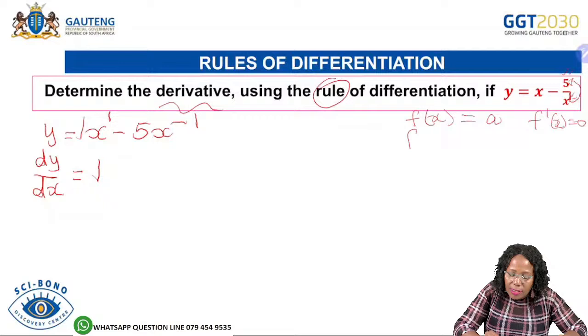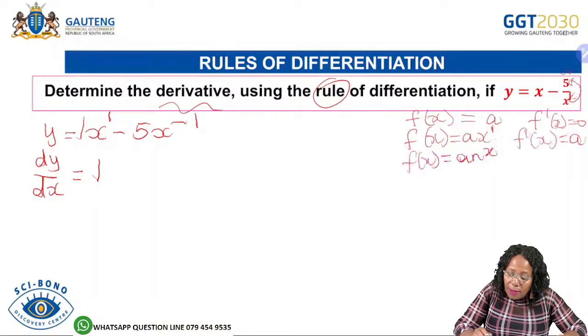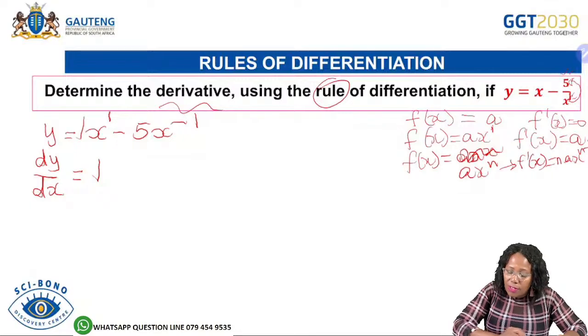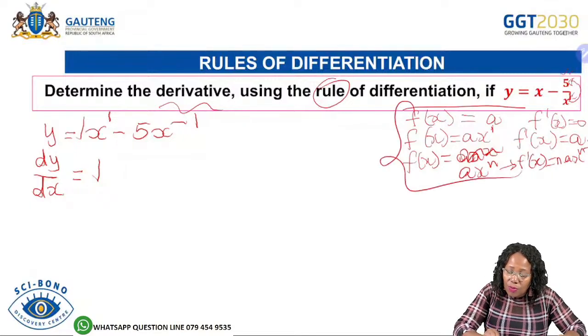You always use that. f(x) equals ax: if it is to the power 1, your derivative will be equal to a. If f(x) is equal to ax to the power n, then your derivative f'(x) is n multiplied by a, and then from the exponent you subtract 1.